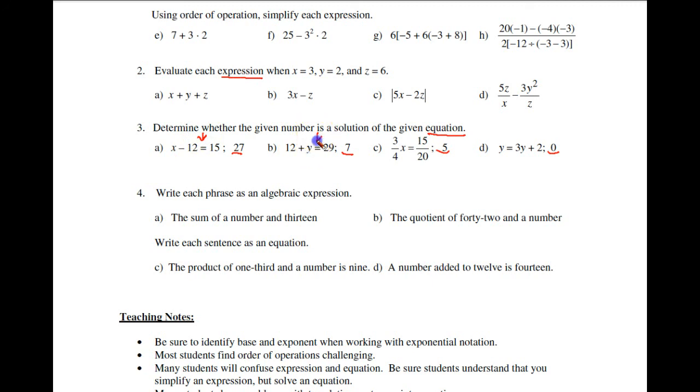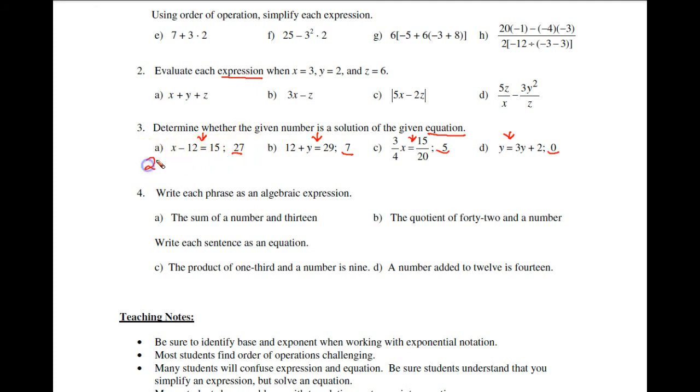Each side of the equal sign is an expression, but with the equal sign in there, it makes it an equation. We'll be dealing with this a lot in chapter 2, where we go through the techniques of solving an equation. But right now we're just substituting.